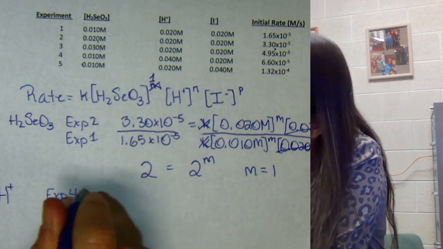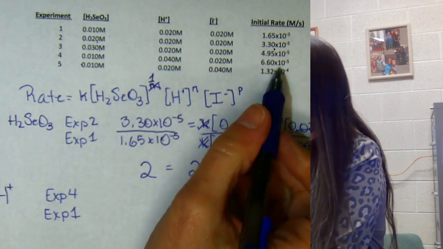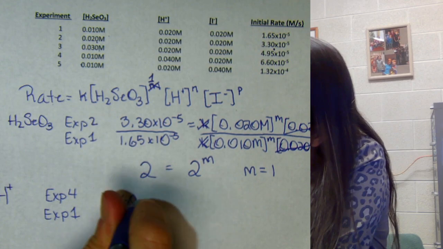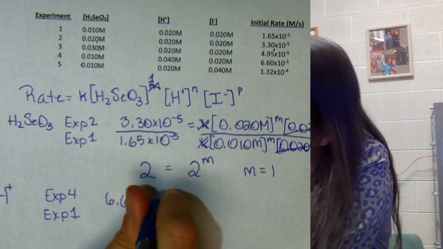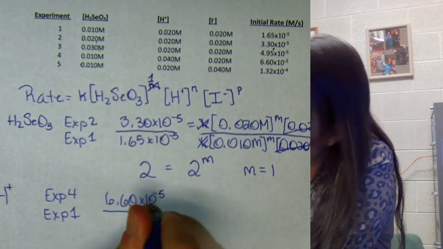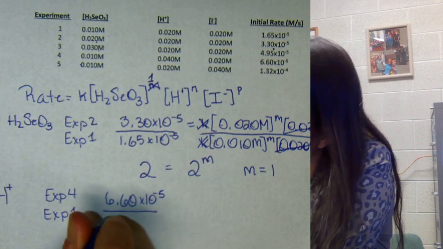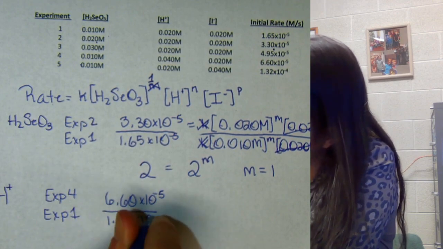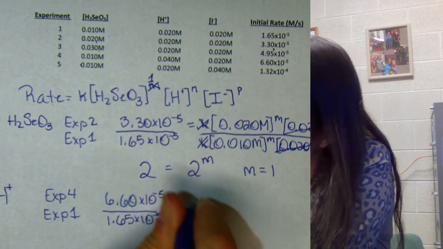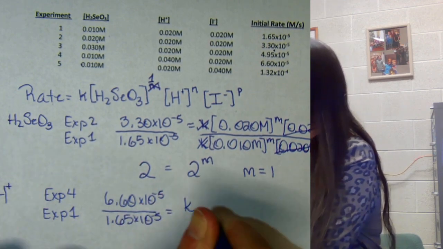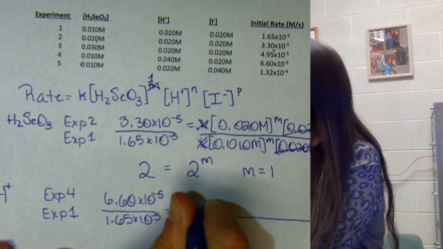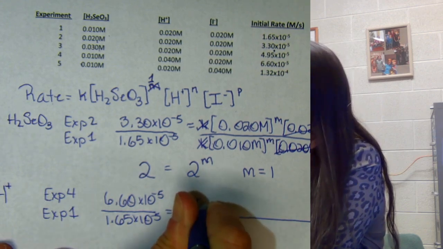So experiment 4 values, we have 6.60 times 10 to the negative 5 over 1.65 times 10 to the negative 5. And then we plug our data in.